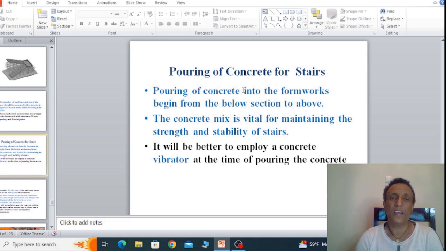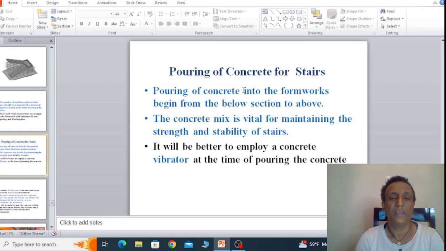After placing the reinforcement bar, the next procedure is pouring of concrete for staircases. During the pouring of concrete, we have to start from the bottom of the staircase, and then the above section will be cast with the right type of concrete.